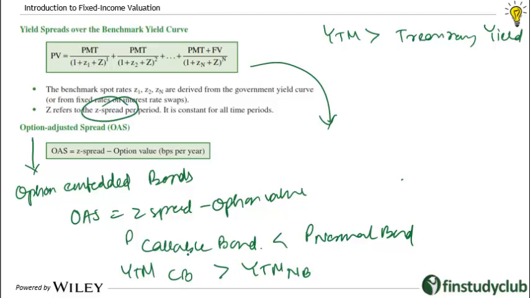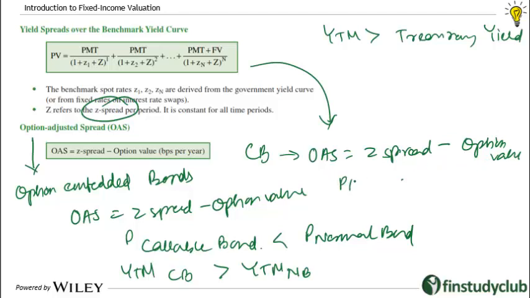So when I look to calculate the true spread, let's call it option adjusted spread, of an option embedded bond, I'm going to look at the Z spread, but I remind myself that that's not the true spread. I need to adjust it for the cost of the option. So if it's a callable bond, your OAS is going to be Z spread minus the option value, which would be in basis points or some percentage terms.